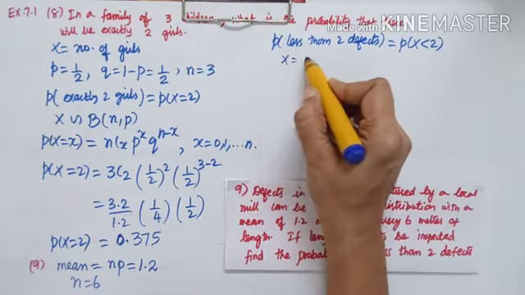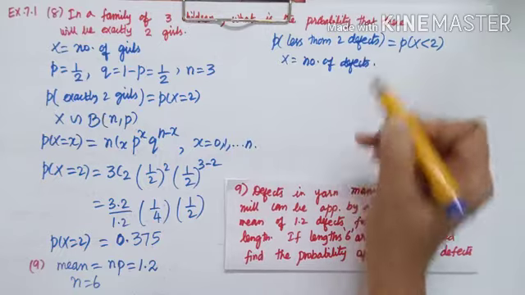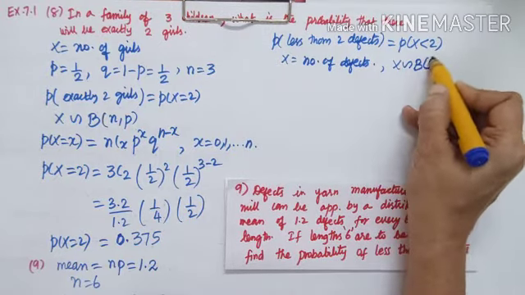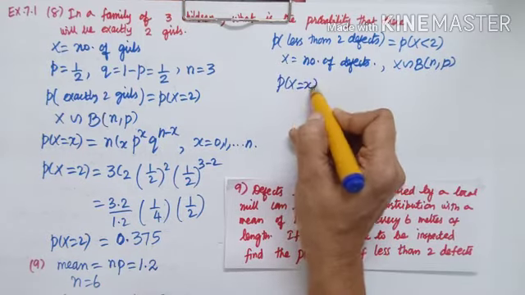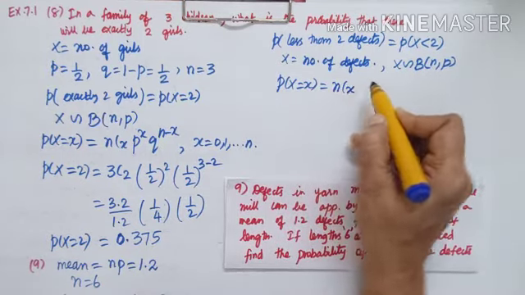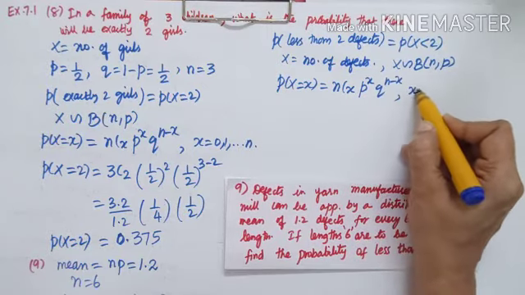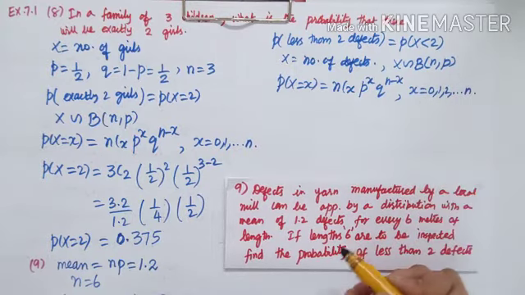So we say X is equal to number of defects. The next step, we say X follows binomial with parameters n and p. P of X is equal to nCx p power x q power n minus x, where x is ranging from 0, 1, 2 and so on up to n.